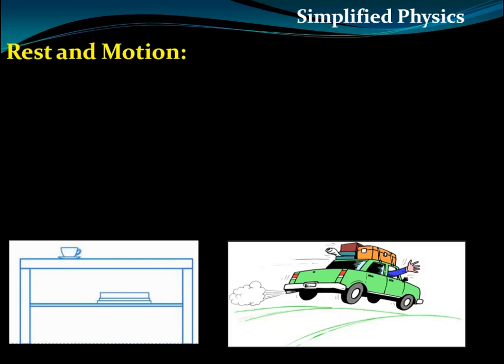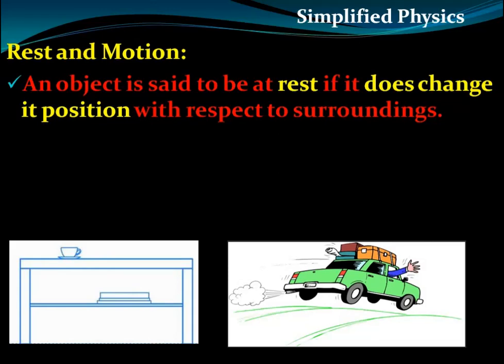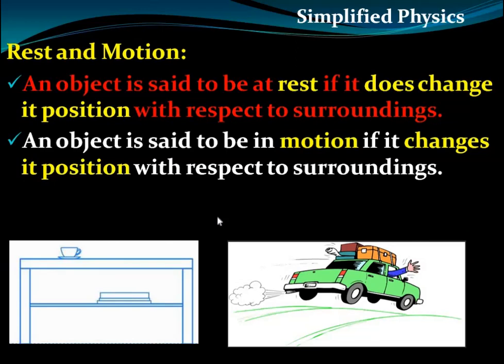Rest and motion, very common terms. An object is said to be at rest if it does not change its position with respect to its surroundings. A cup on the table, a book on the table are examples of objects at rest. What about motion?